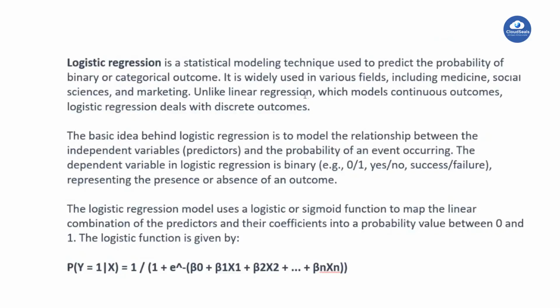Unlike linear regression, which models continuous outcomes, logistic regression deals with discrete outcomes. Discrete outcomes means either categorical data or ordinal categorical data. You all know about ordinal categorical data, that means first rank, second rank, third rank.